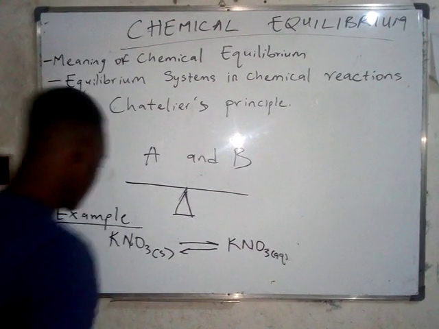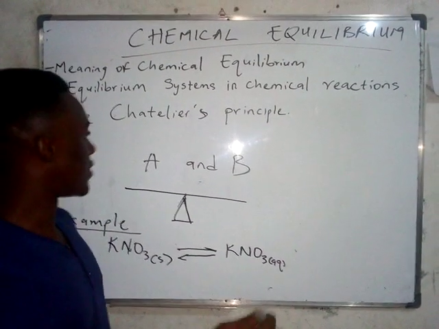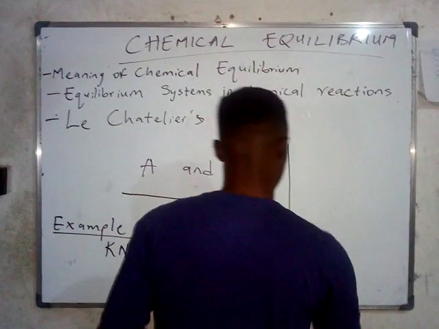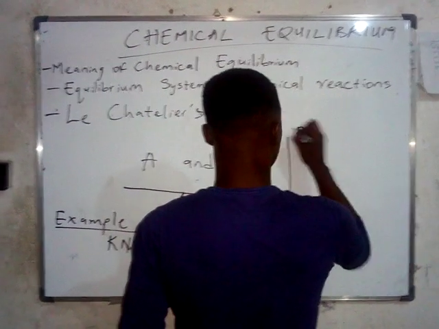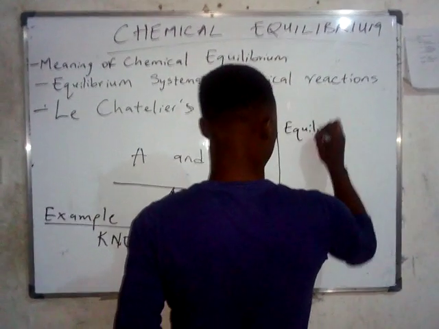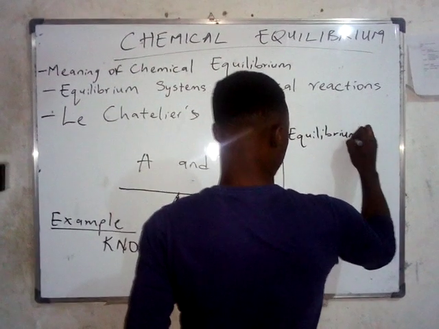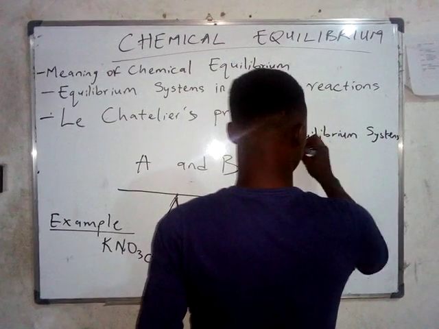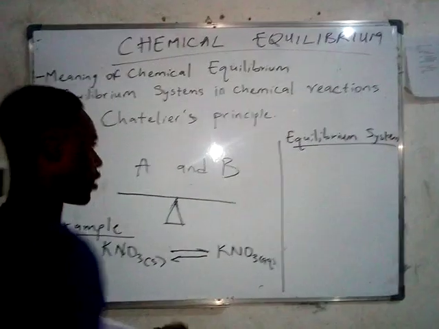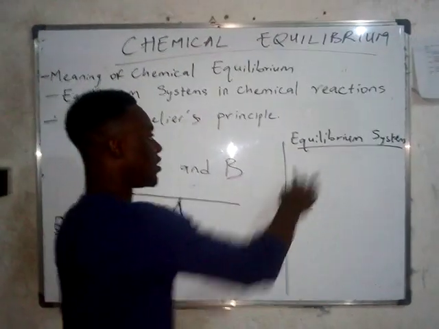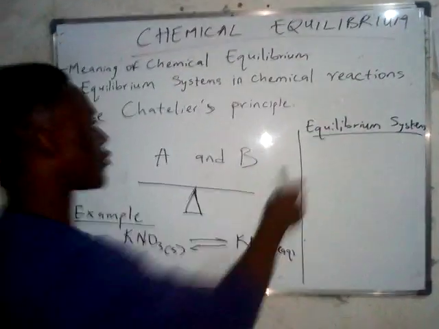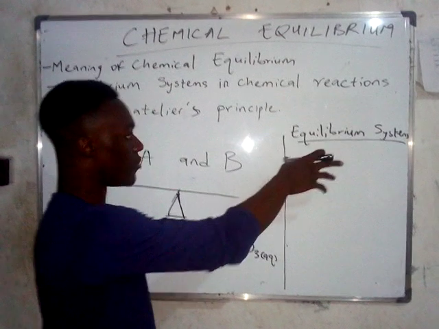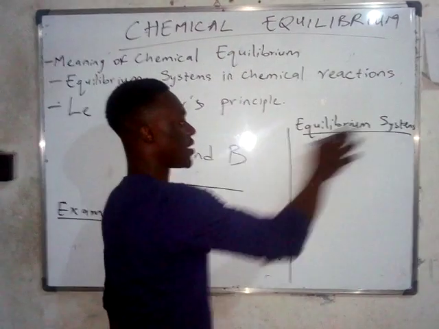And then equilibrium systems. Now, we'll take a look at what equilibrium system means. Now, an equilibrium system is basically a system, from the word itself, system and equilibrium.